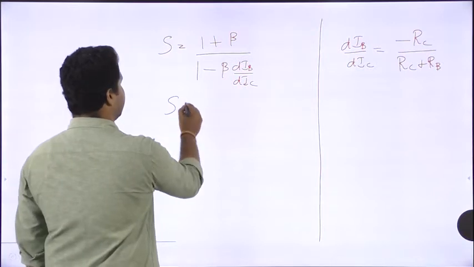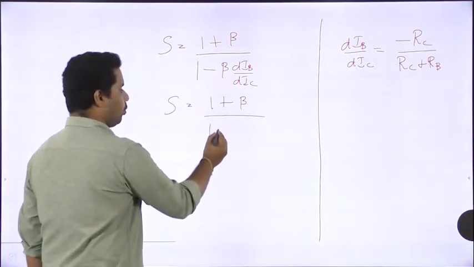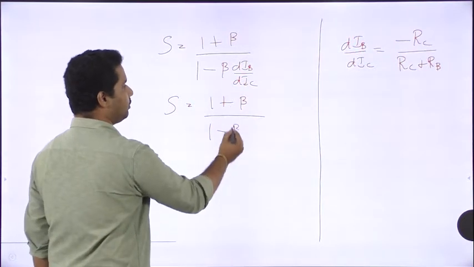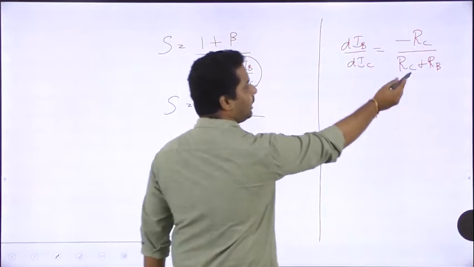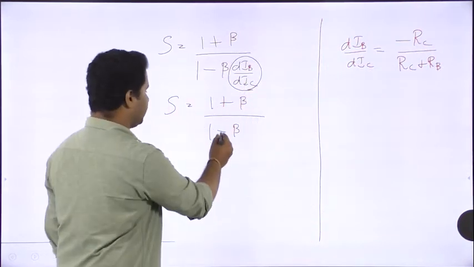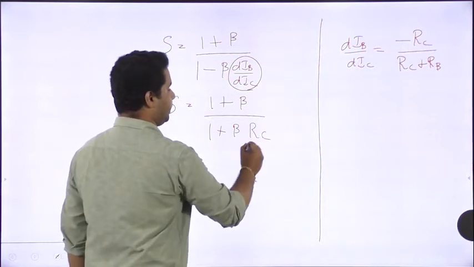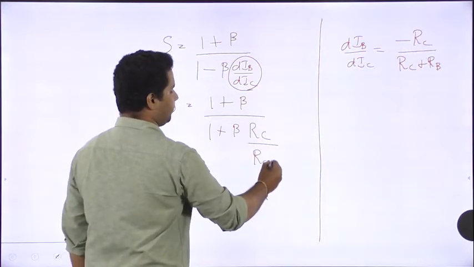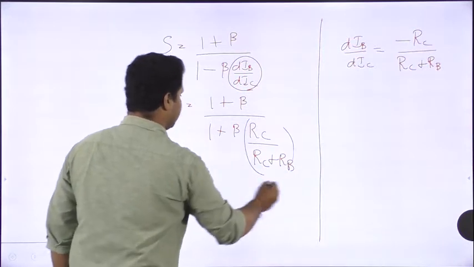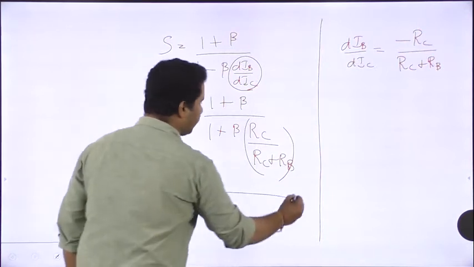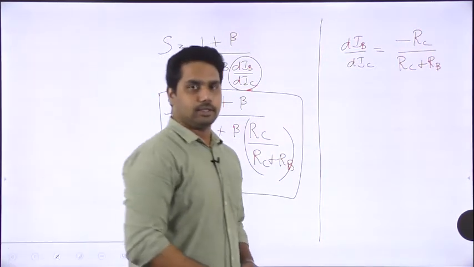If you substitute that, S is equal to 1 plus beta divided by 1 minus beta into DIB by DIC, which is minus of RC by RC plus RB. So minus and minus will become positive: 1 plus beta into RC divided by RC plus RB. So this is the stability factor equation for our collector to base biasing.